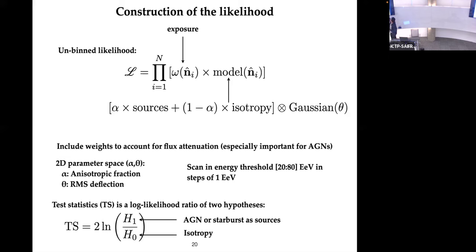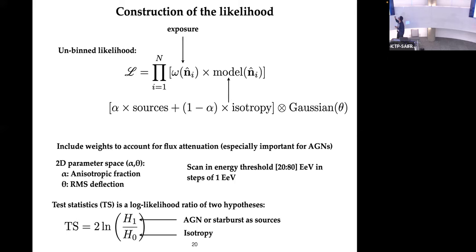So the model is where the astrophysical sources are, and the isotropic background. The model is pretty simple: a fraction alpha coming from the source, either starburst galaxies or AGN, and a 1 minus alpha fraction of isotropy, right?